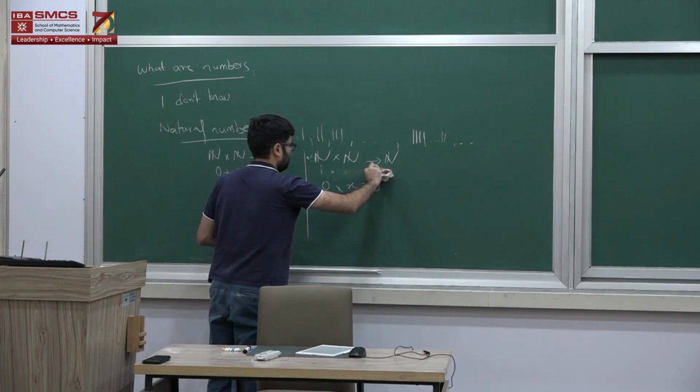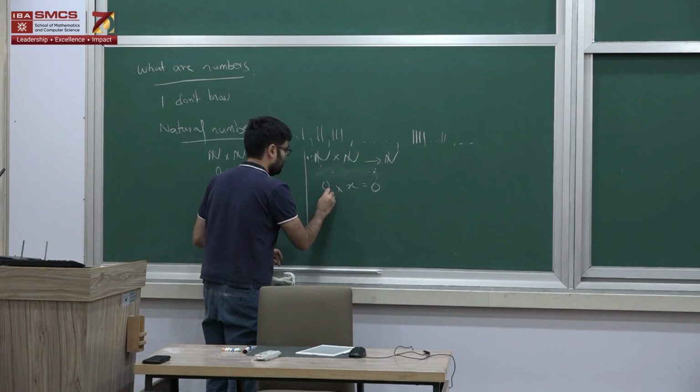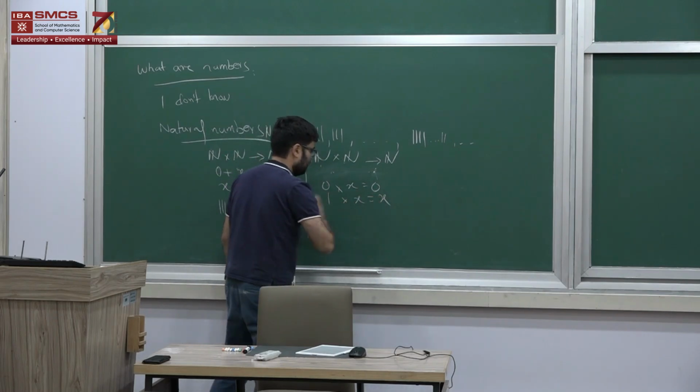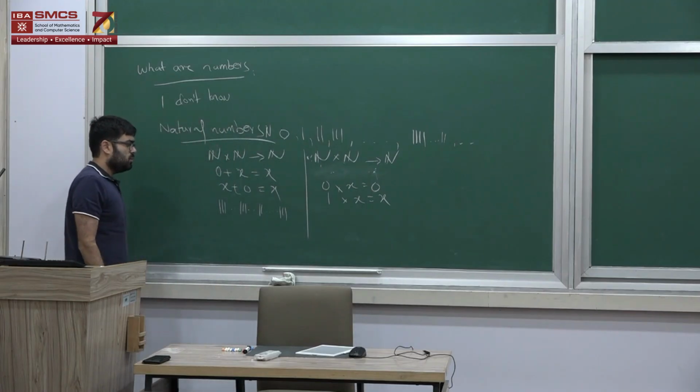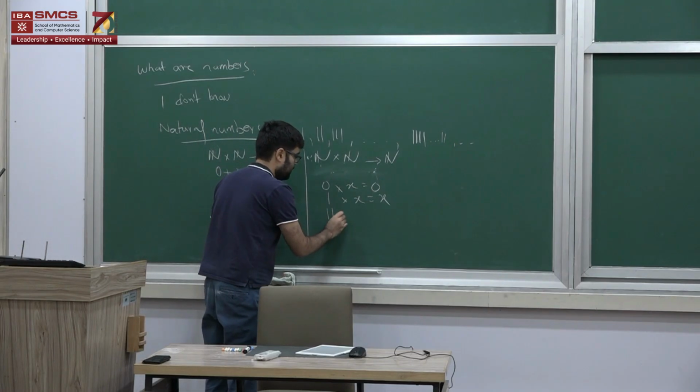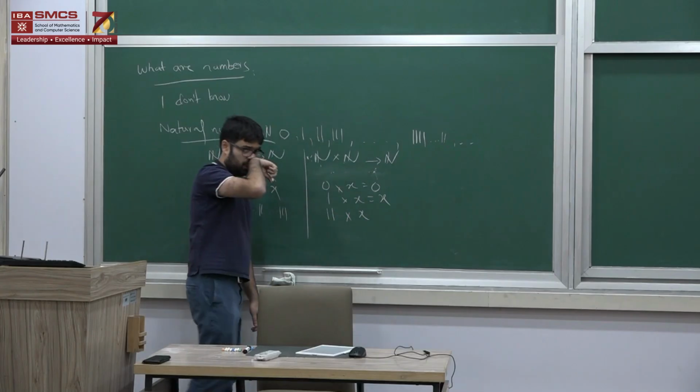Okay. So here, 1 times x is x. And so what happens when I have this times x?